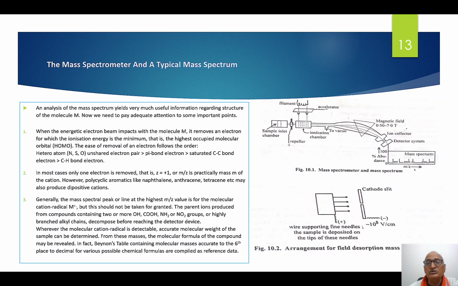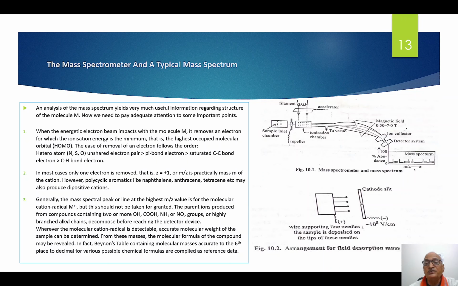Cations are not drawn. Next, they pass through the semicircular tube. An electrical field accelerates them and a magnetic field deflects them so that they reach the ion collector and detector system at different points. Otherwise, it will be impossible to detect the ions of different types.